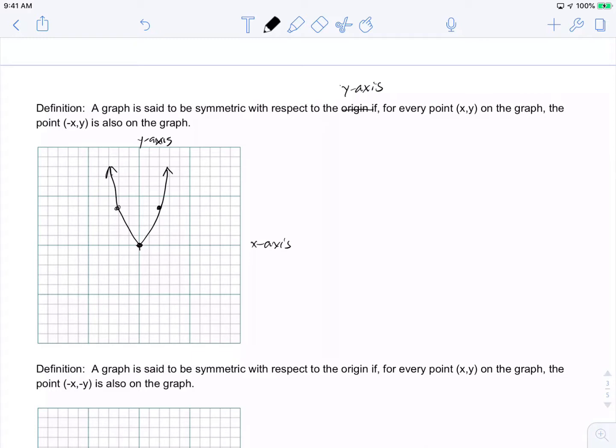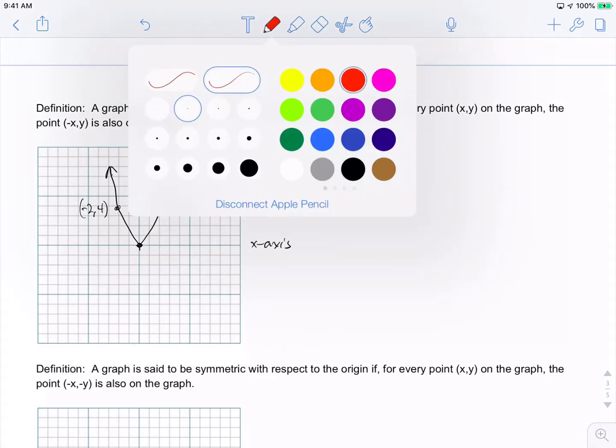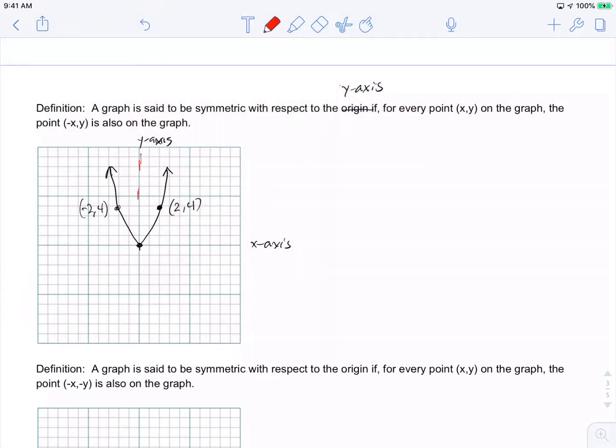And so we can see that this point here is (2, 4), and this point over here is (negative 2, 4). Now this thing is symmetric about the y-axis. Basically, we could fold it and we see that they would fall on top of each other. And again, it's the x's in this case that change sign, not the y's.